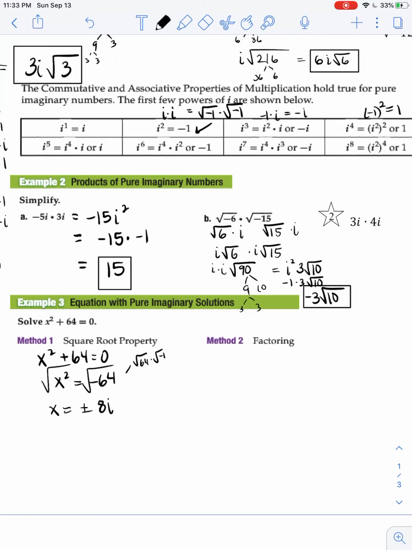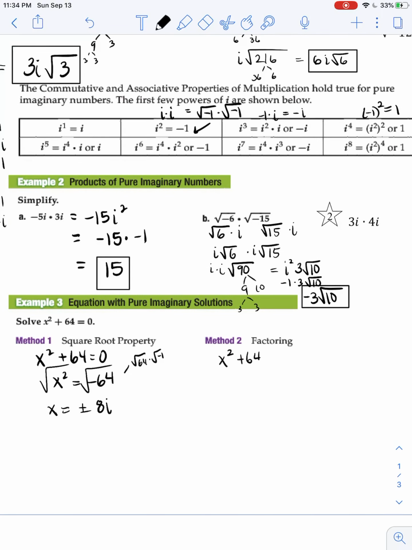The other one is factoring, which is kind of weird, but I do want to go into it to make sure that you see the connection for how you can end up solving any quadratic. So x squared plus 64 equals 0. In order to factor this, what we would normally do in chapter 1 is ask, is this a difference of squares? That's a perfect square and that's a perfect square.